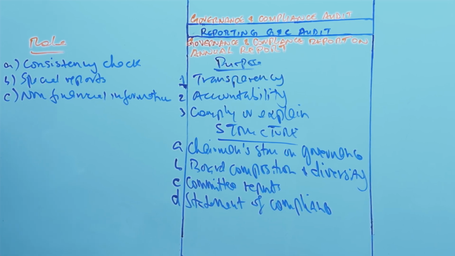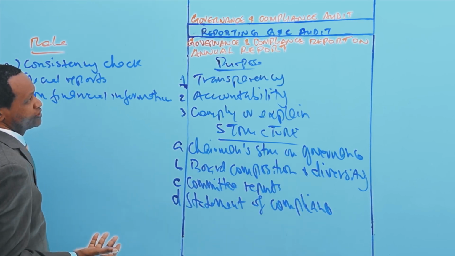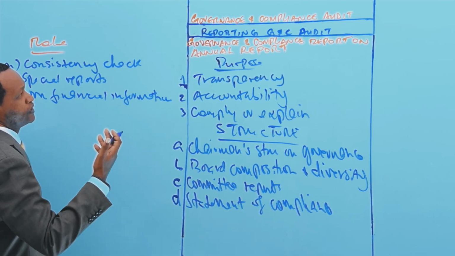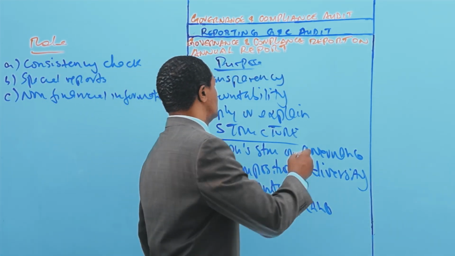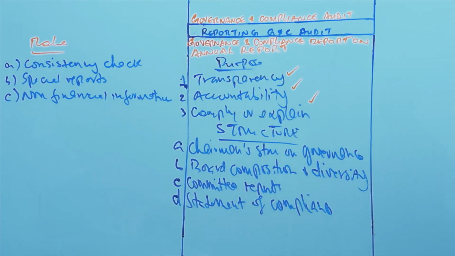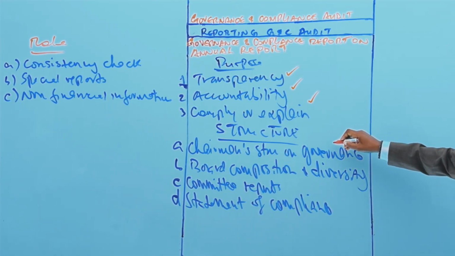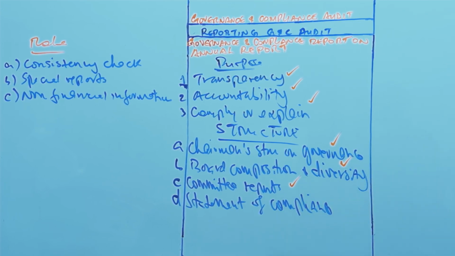So that is all, candidates, for today's lesson on the governance and compliance report in the annual report. We've studied the purpose: transparency, accountability, comply or explain. Then we've stated that within this report, there has to be the chairman's statement on governance, board composition and diversity, the committee reports, and also the statement of compliance.